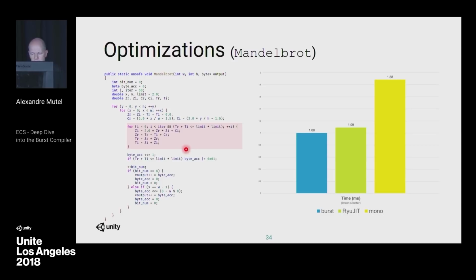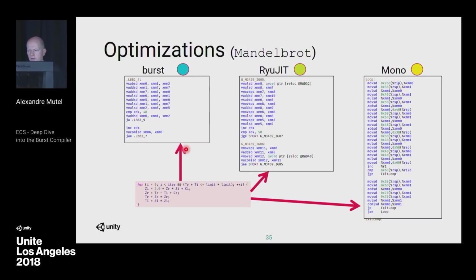So this loop is optimized differently by Burst, by RyuJIT, and by Mono. And we can have a look here. On the side, you have Mono. The code does not look good at all. We have, I think, 3 registers out of the 16 registers that we have for floating point operations that are actually used.